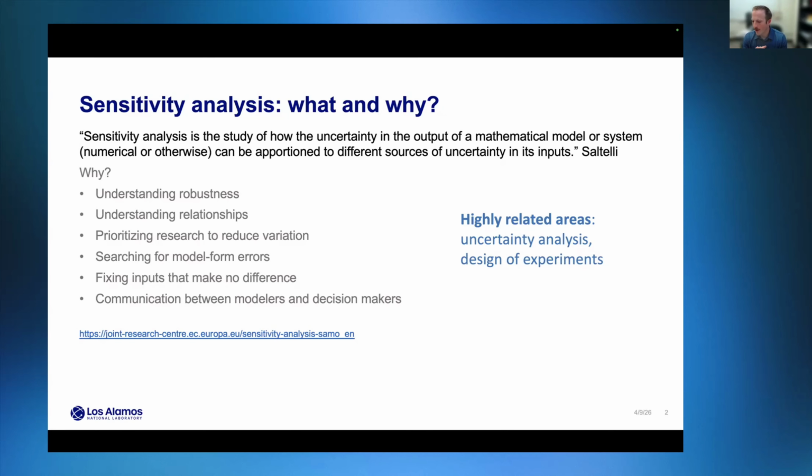I talked about inputs and outputs, or inputs and response here, but a number of us have been trained up in thinking about sensitivity analysis more broadly. You think about, as a statistician, the assumptions you make in your model, or if you're doing a Bayesian model, what priors you choose. We're often encouraged, or we want, to perform sensitivity analyses to see how sensitive we are to those particular choices.